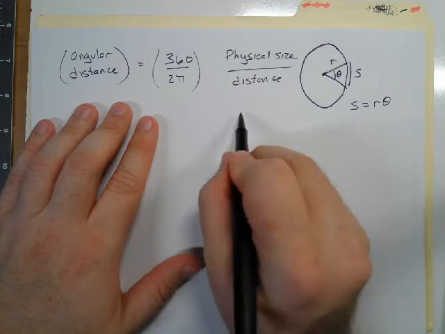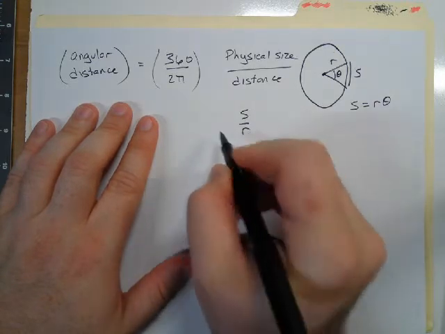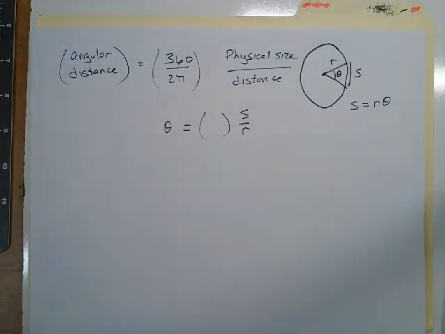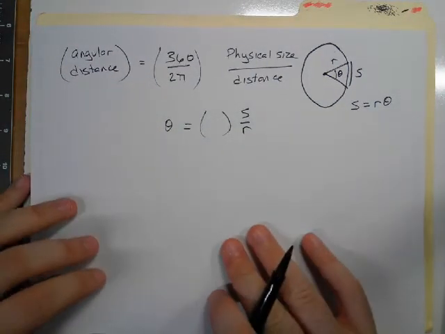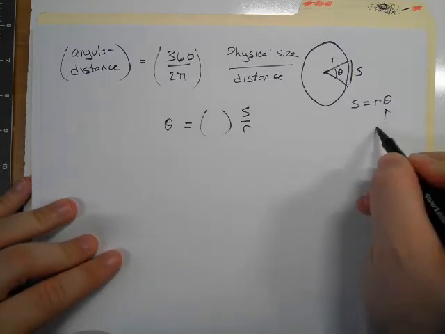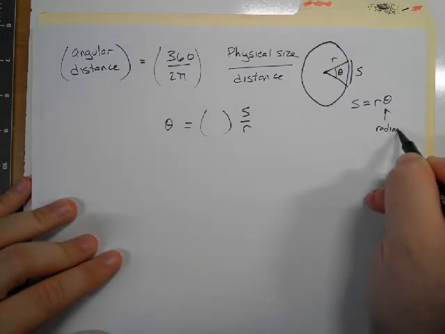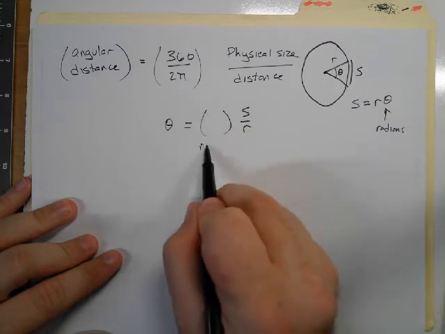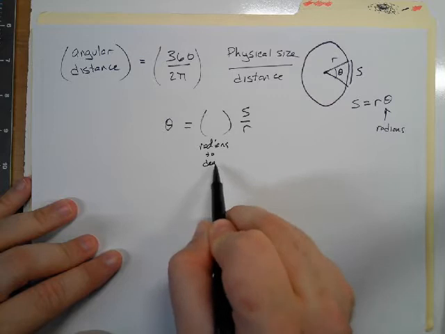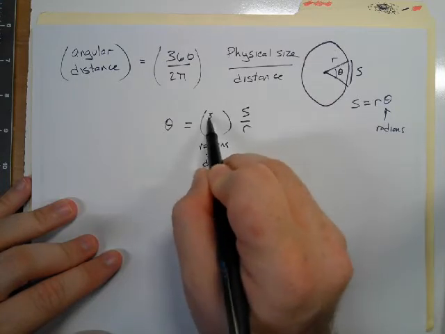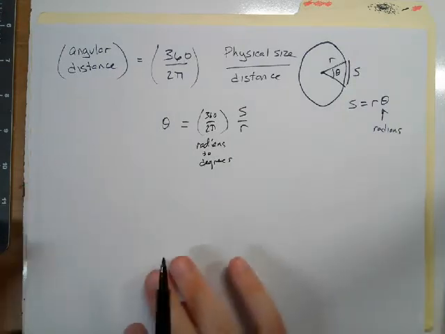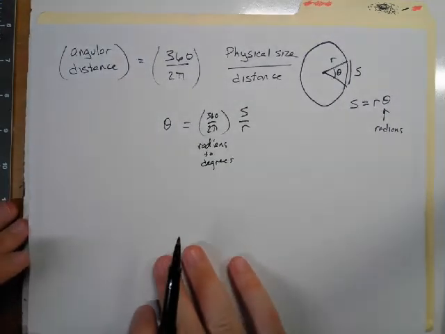So this is s over r times a unit conversion is theta. It is our angular distance. That's all it is. And all we're doing here, this is saying that theta is in radians. And so this is radians to degrees. And it's 360 over 2 pi. Or it's 180 over pi, because you can simplify that.